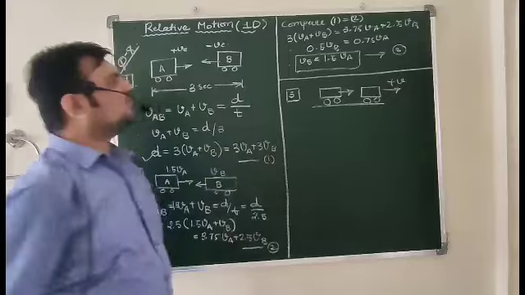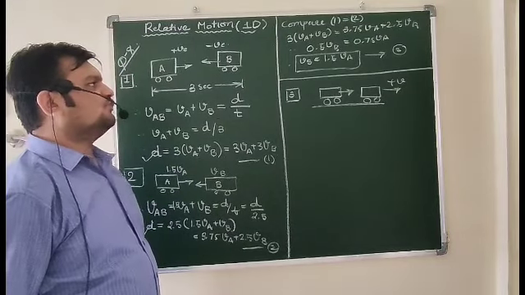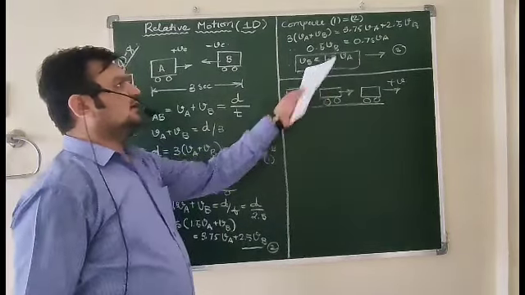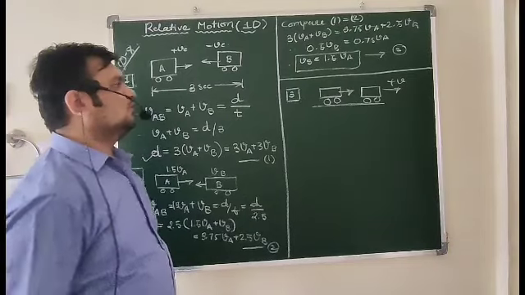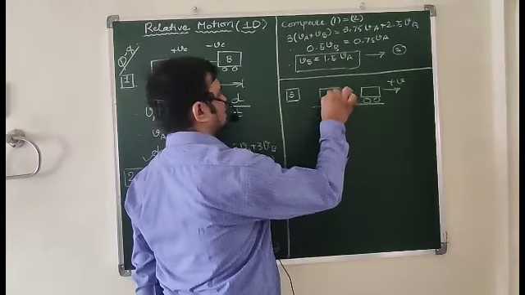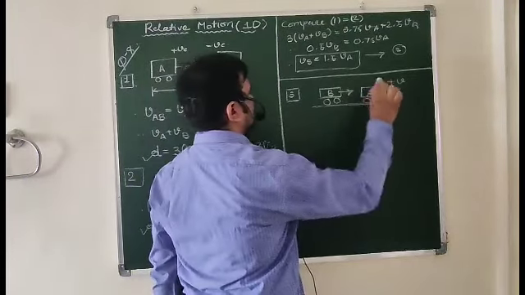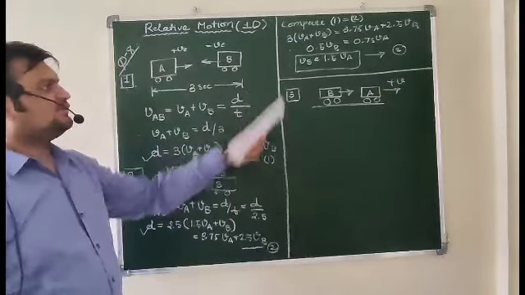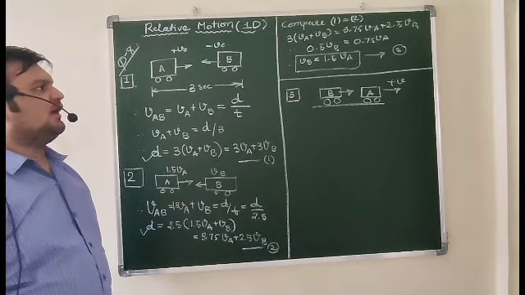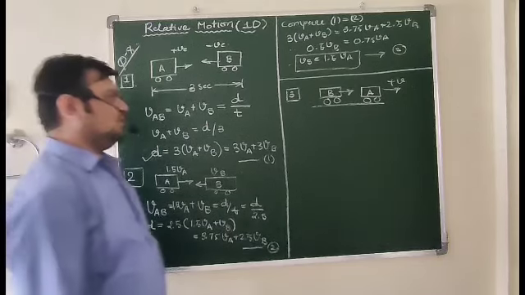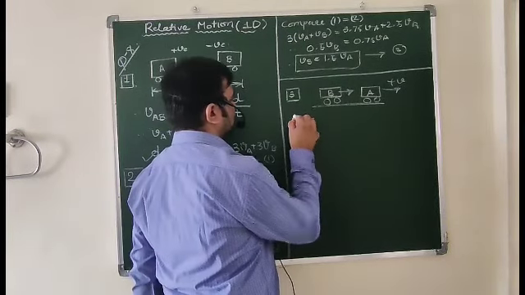Here VB is 1.5 VA. So VA is less and VB is more. So B and A. So the expression is VB is 1.5 VA. So here we have to find out time t.